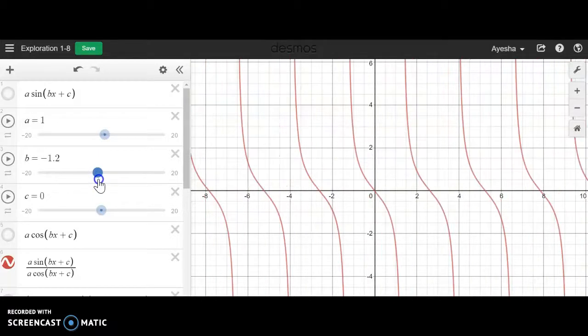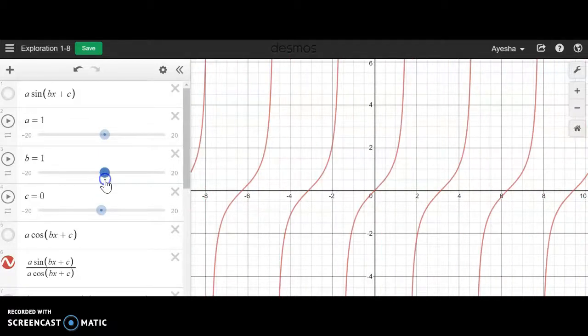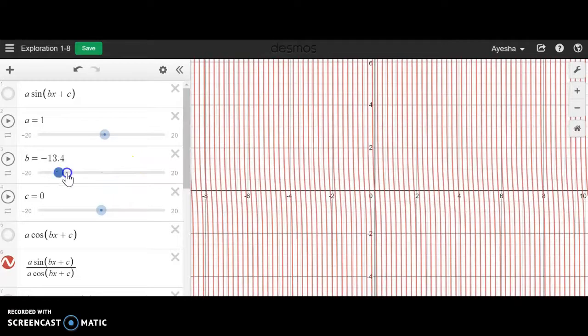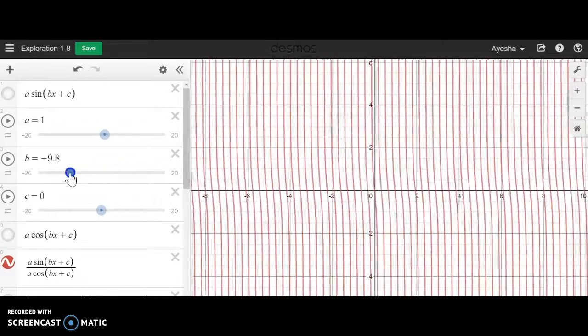Well, I think it makes sense because this isn't symmetric about the axis the way that sine and cosine were. So it would have been impossible to have them flip around like this.